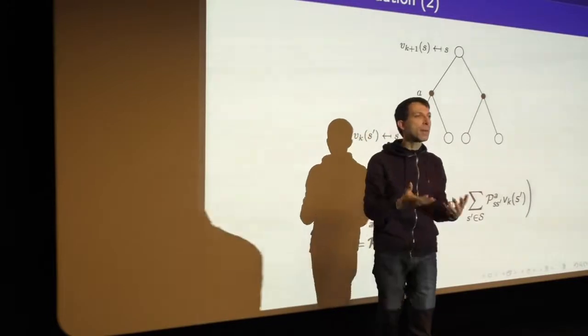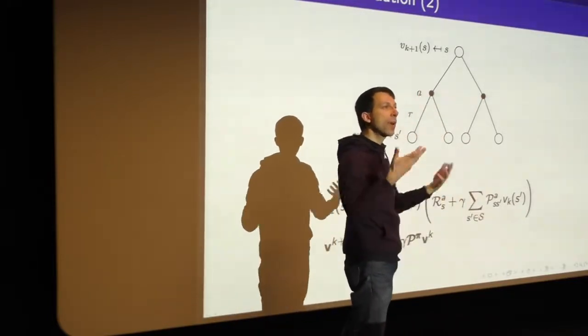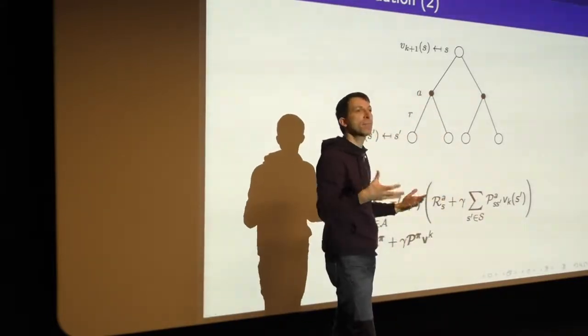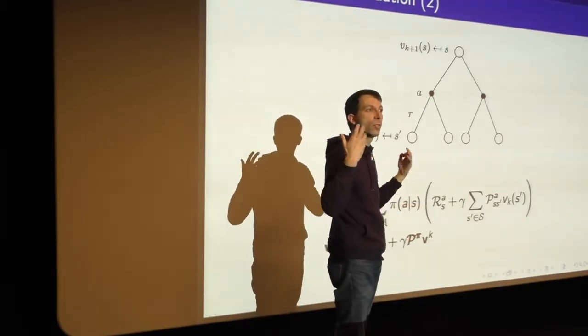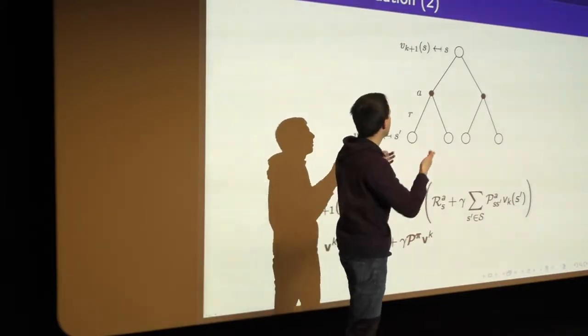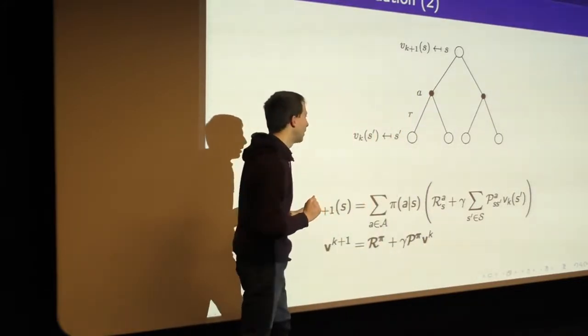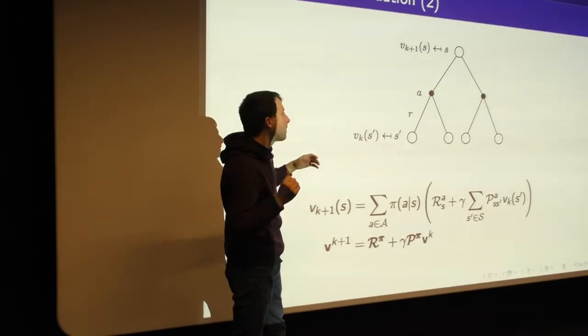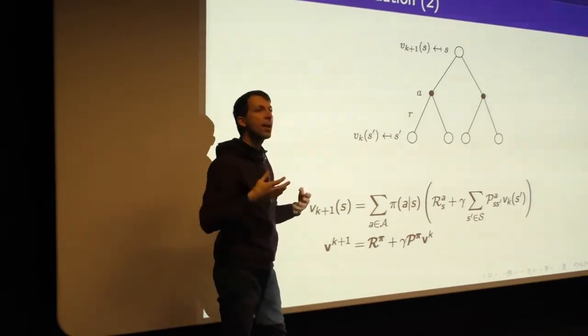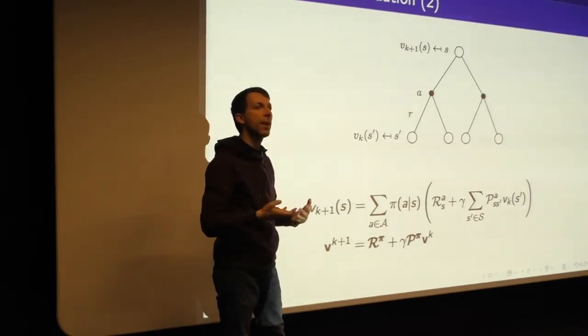So all we're going to do with dynamic programming is take this equality. The Bellman equation told us this thing must be true for the true value function v pi, so this must be equal to this. Now we're going to turn this equation into an iterative update.